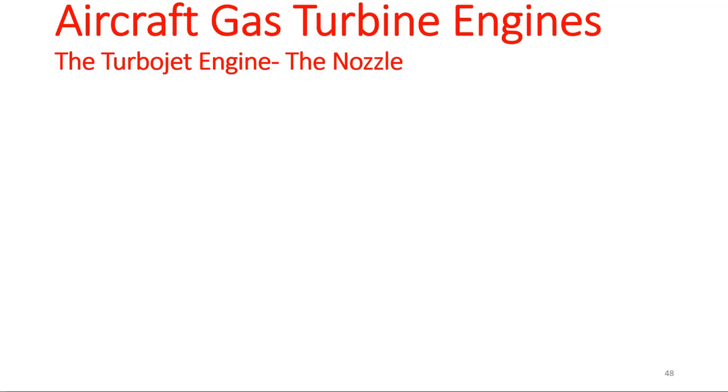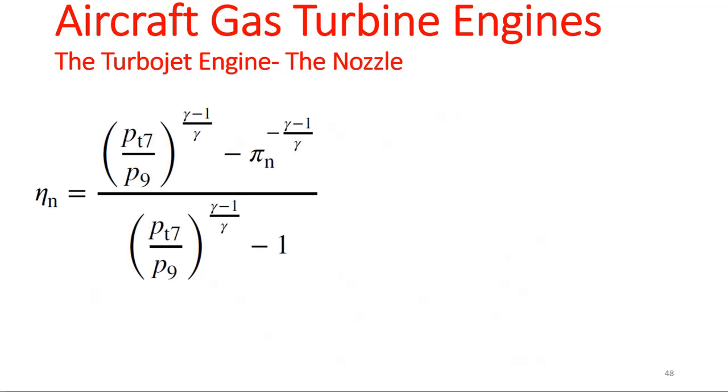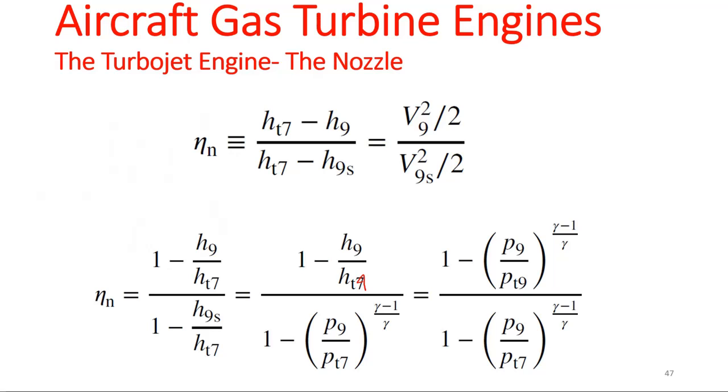Okay, so the next step is to multiply whatever we have by PT7 divided by P9 to the power gamma minus 1 over gamma. So you're going to get PT7 over P9 to the power gamma minus 1 over gamma here.